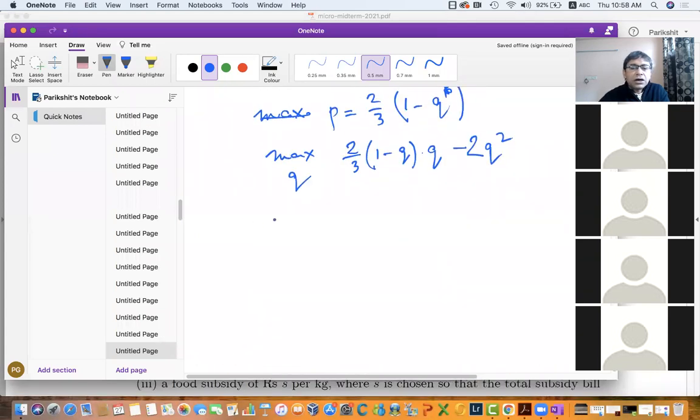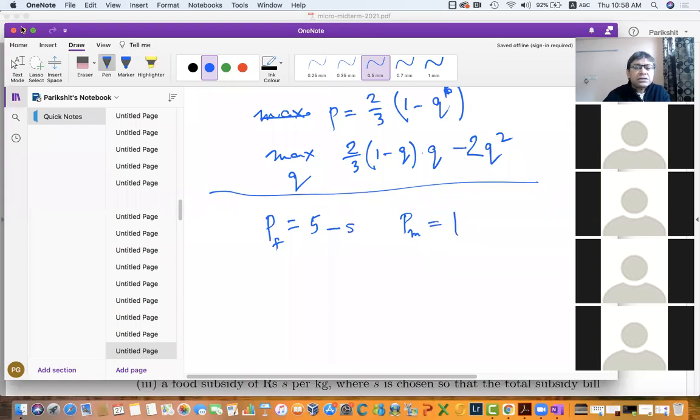So the private cost in the subsidy regime, the private cost of food to the household is 5, the market price, minus S, whatever the subsidy is. And price of movies is 1 as usual, that's not being subsidized, okay?